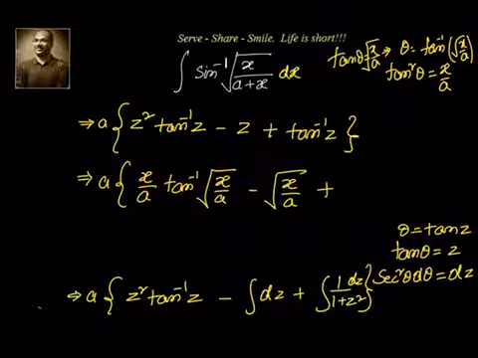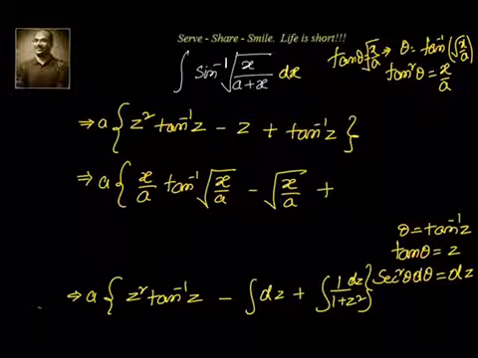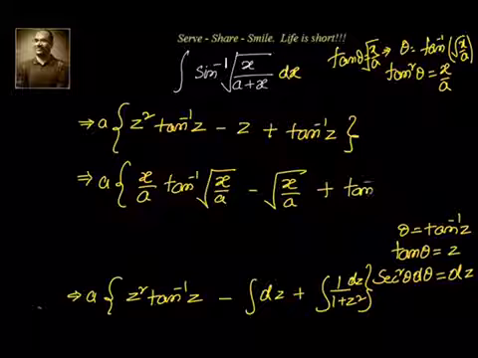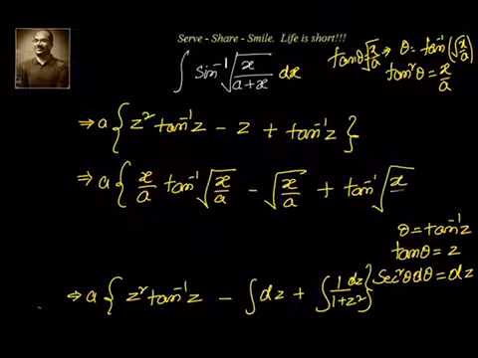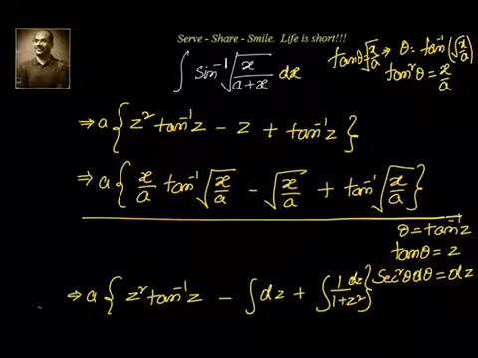Theta equal to tan inverse z. So theta is equal to tan inverse root of x by a. We can write down that, and we close the bracket. So that's the final solution.